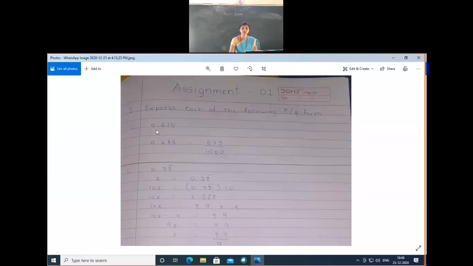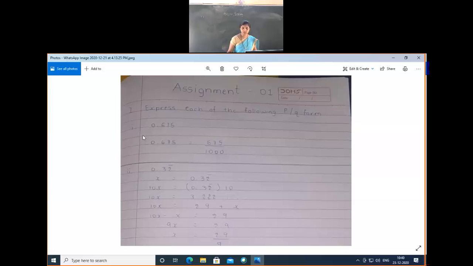Here the first question is 0.675. There is no repeating block or bar on the numbers. So this is a simple terminating decimal expansion. How to represent a terminating decimal expansion in p by q form?